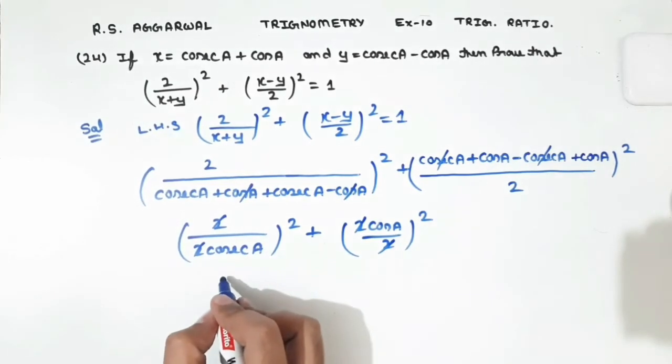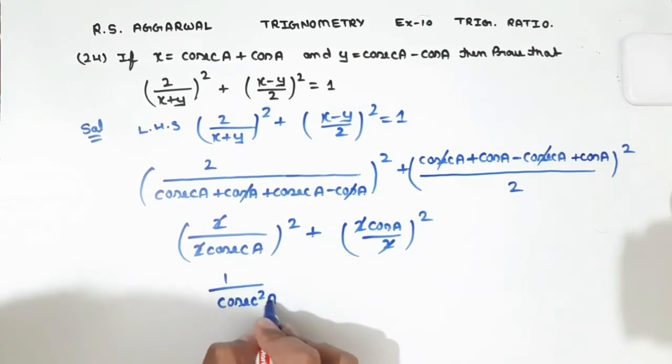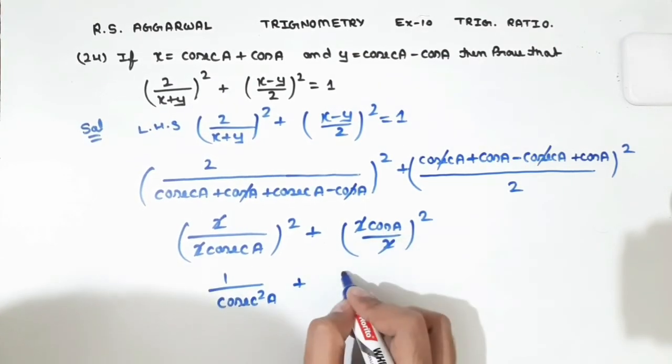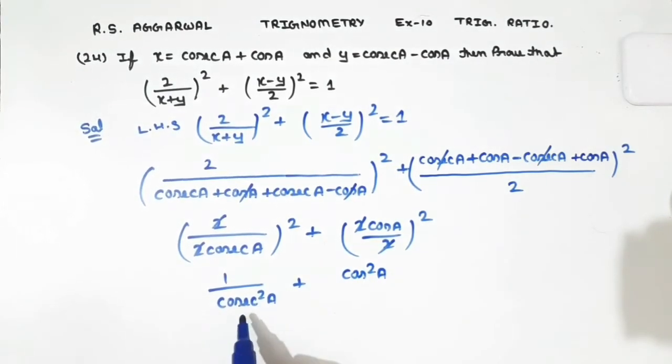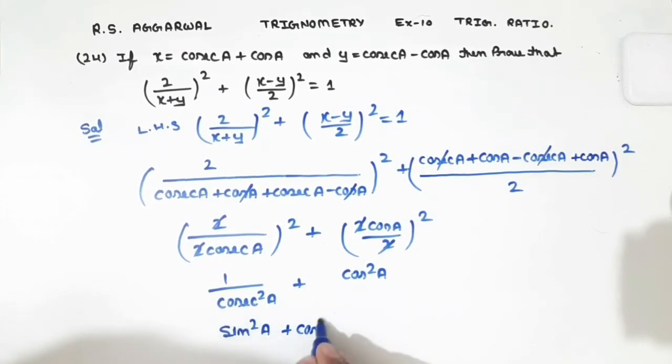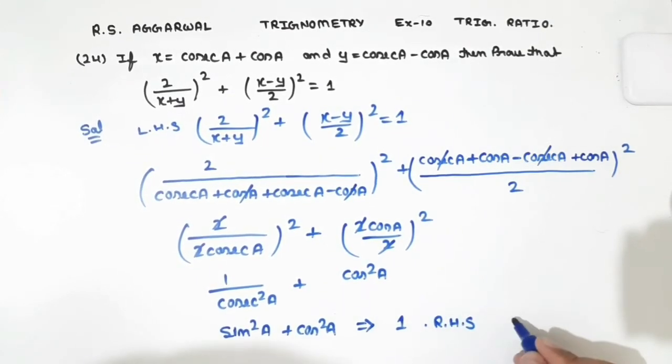So this will become 1 upon cosec square a plus cos square a. 1 upon cosec square a can be written as sin square a plus cos square a. We know that sin square a plus cos square a equals 1, equals RHS. Hence proved.